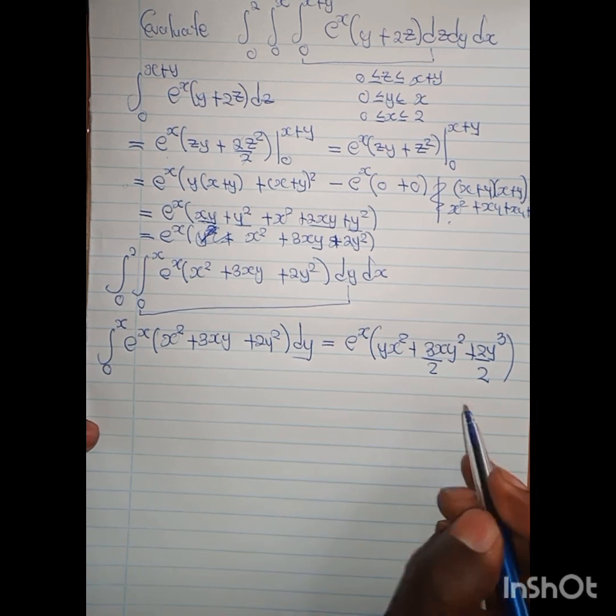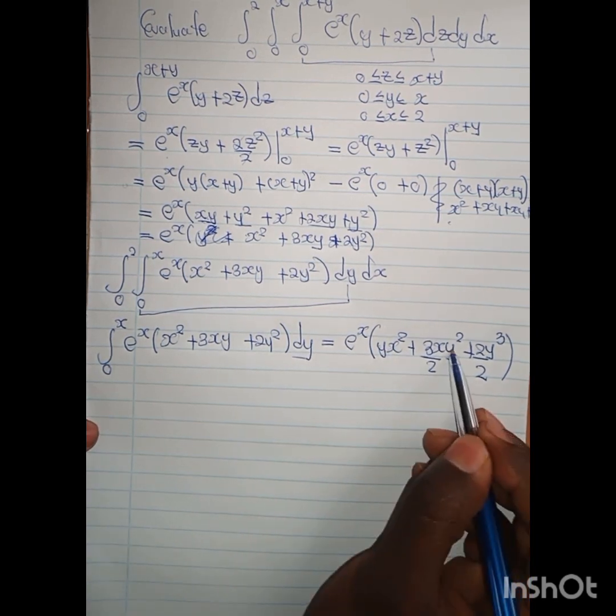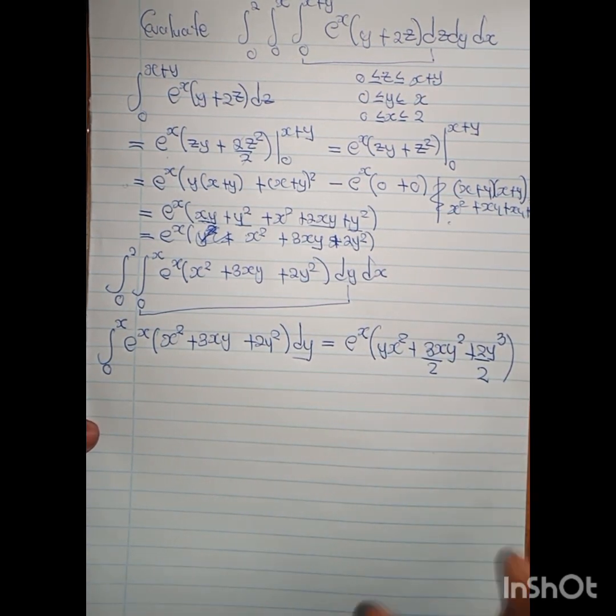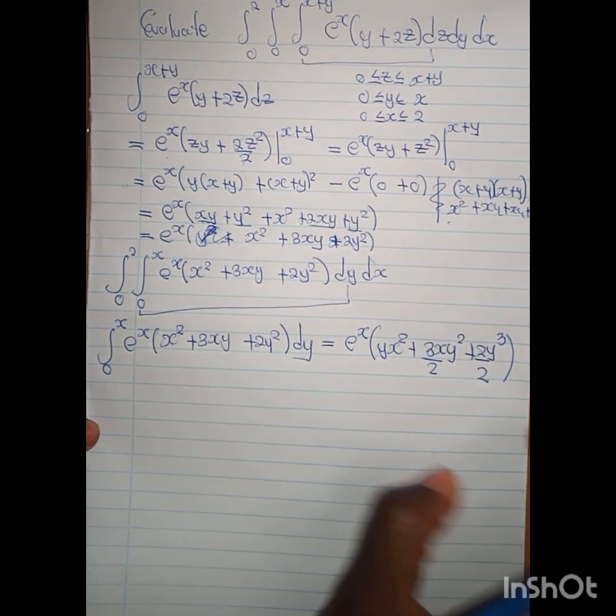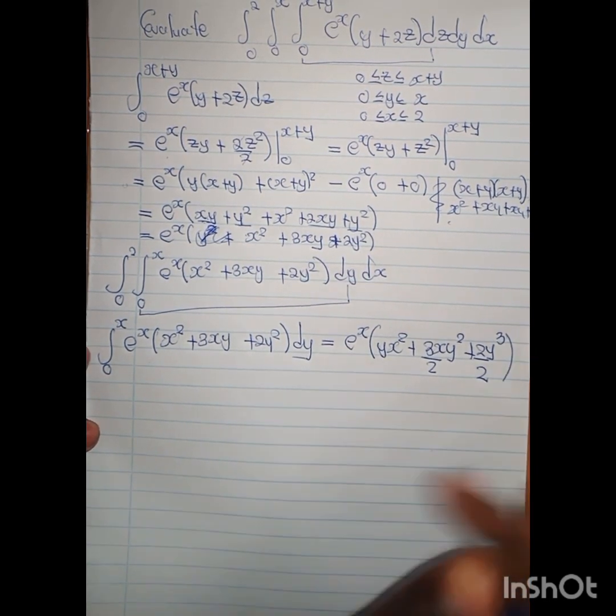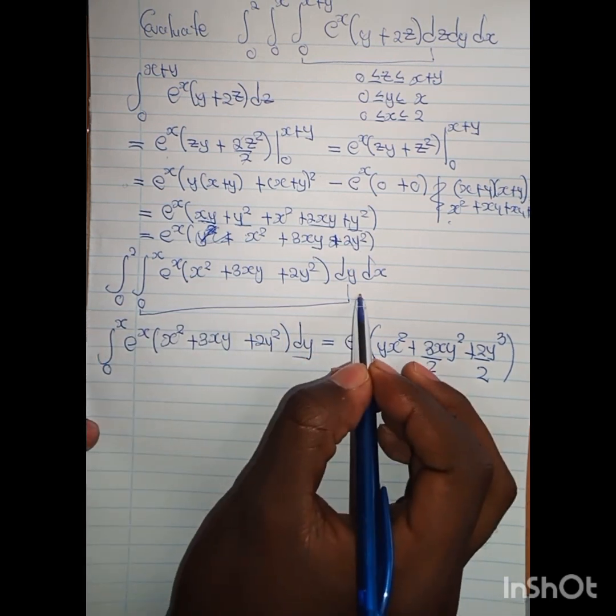Do we have any possible like terms? We can, but it's not necessary for us to take the like terms out. We can take this expression and replace what we have here.